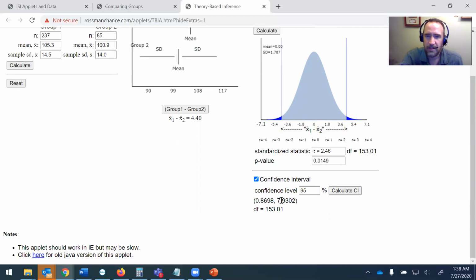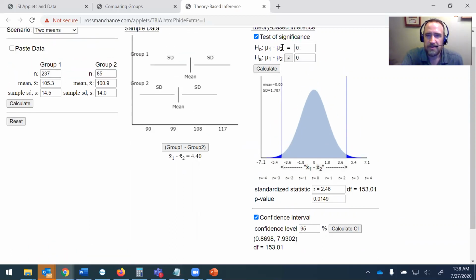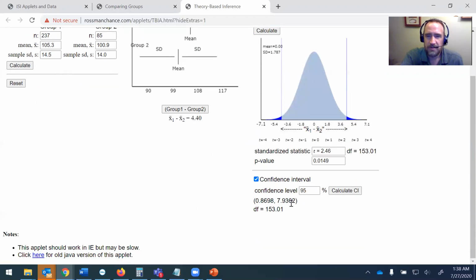Let's call it 0.8 and 8. What's the parameter? The parameter is the difference, here it is in the null hypothesis, the difference in the mean IQs of the two groups. So the difference between those mean IQs, somewhere between 0.8 and about 8.